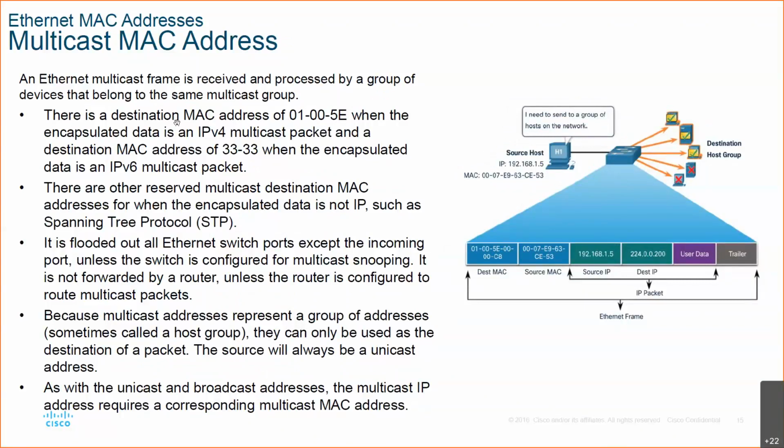There is a destination MAC address of 0100 5E when the encapsulated data is an IP version 4 multicast packet, and the destination MAC address of 3333 when the encapsulated data is an IP version 6 multicast packet. So when you send an IP multicast frame, only certain computers that are in that list will get it.